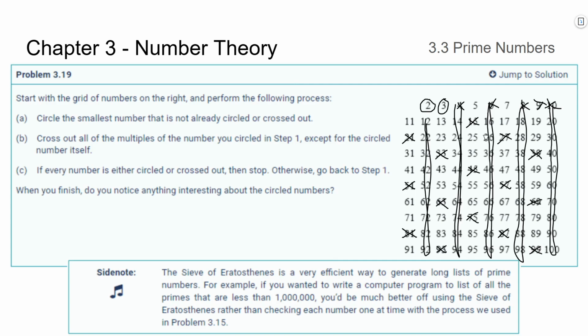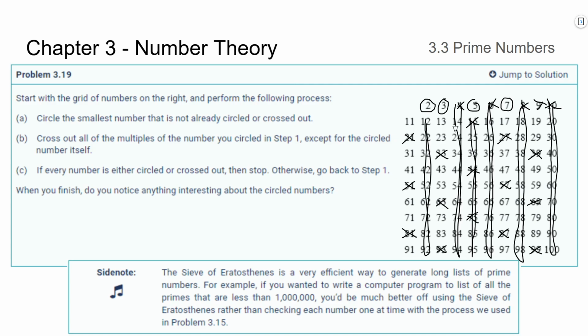All right. So now on to 5s. Well, that's nice and easy. All of our multiples of 10 are already crossed out, and all of our multiples of 5 are right here in this column. Okay. 7s.